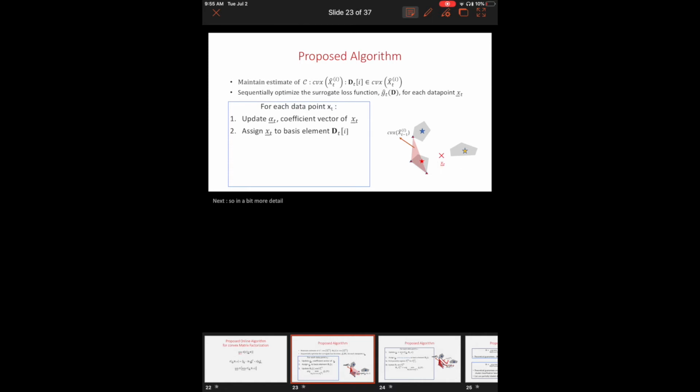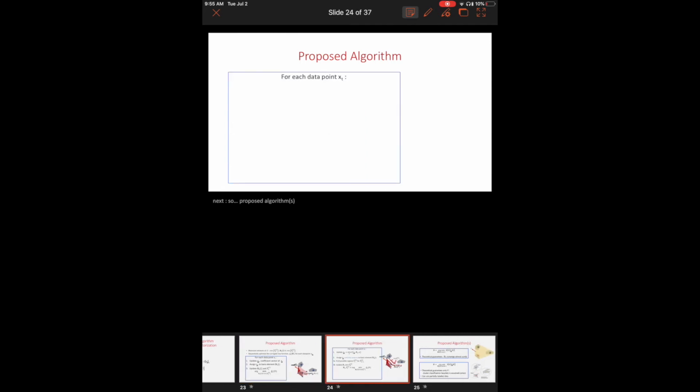Then we assign the data point to a basis element, and update both the basis vector and the estimate of its bounding region for the compact space C.